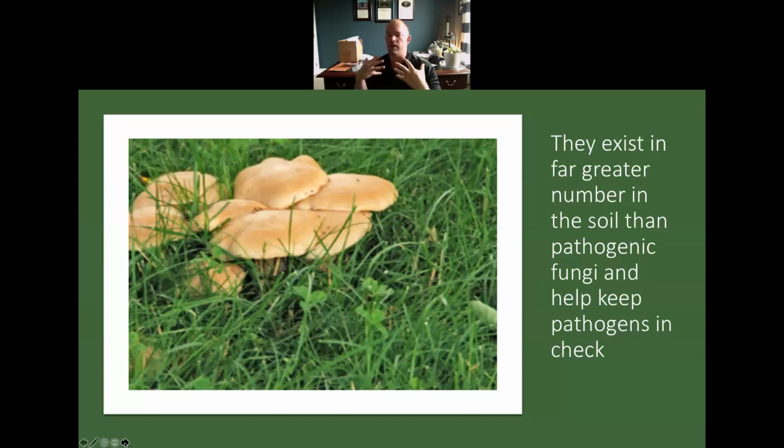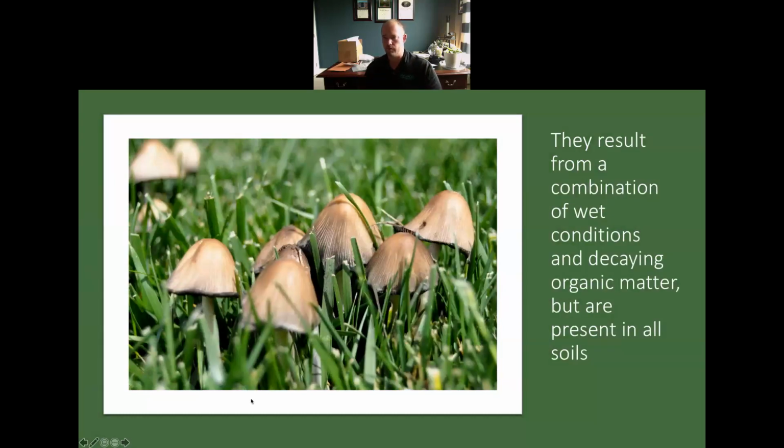They're not very strong and aggressive fungal agents, and it's only when certain things align and you can flip a switch in them that they turn into attack mode and go after a plant. Otherwise, they're relatively weak and benign, and they're a lot of times kept in check by these other beneficial fungi.